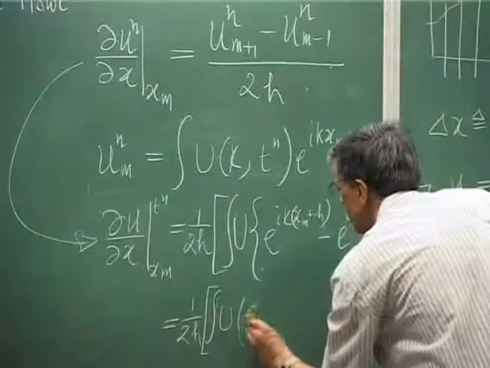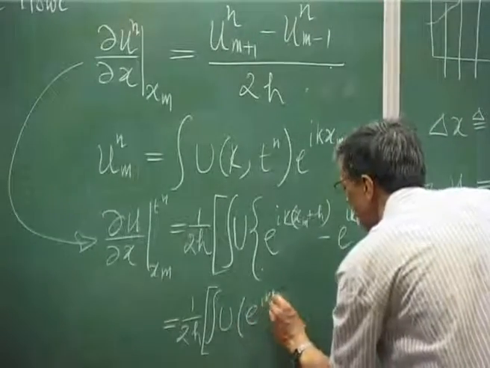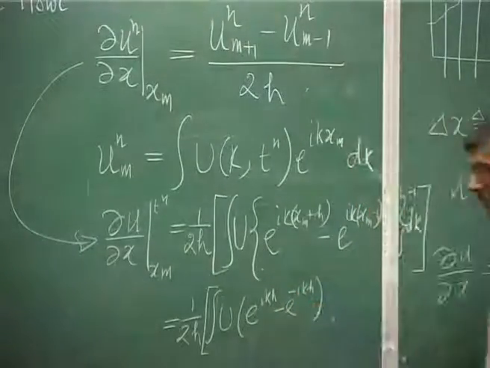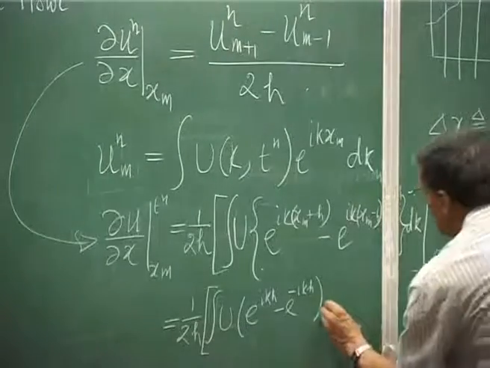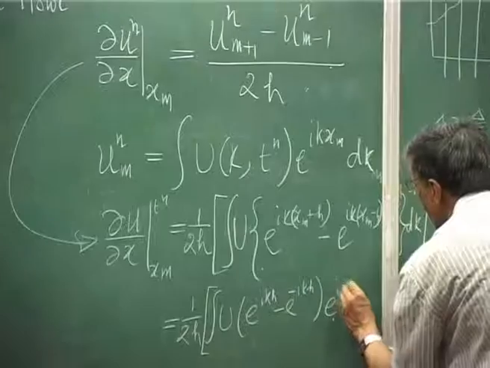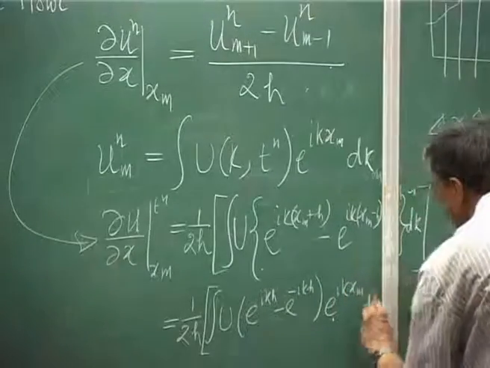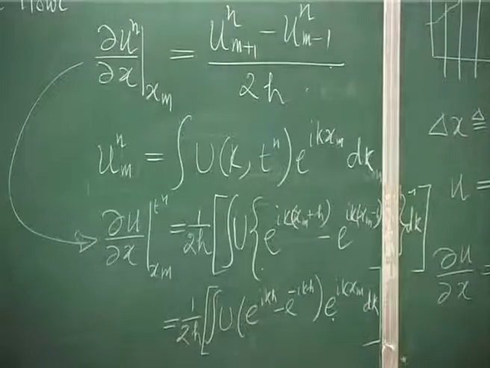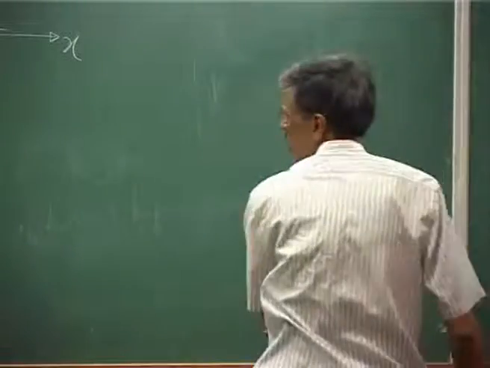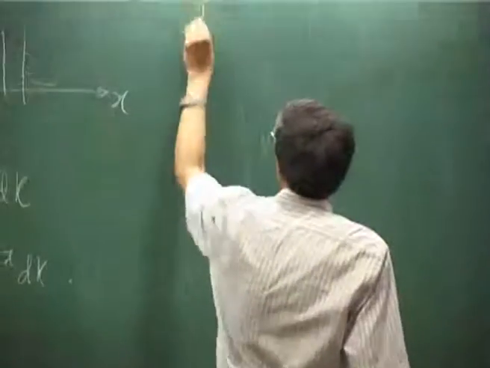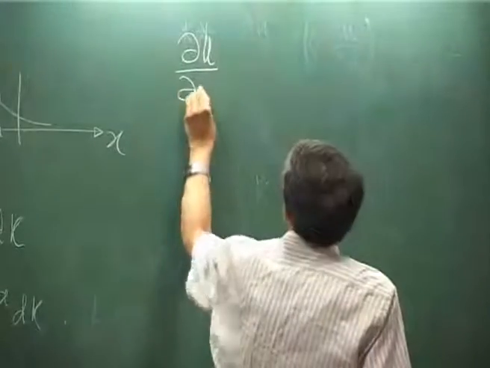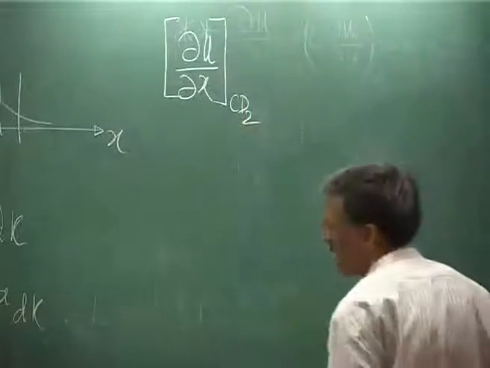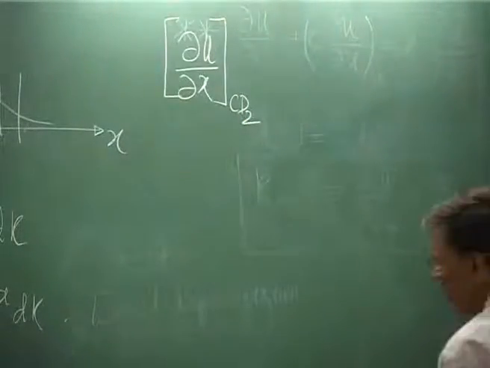So, I have e to the power i k h minus e to the power minus i k h, and then I have e to the power i k x m dk. So, what we are getting then, I will write this, because we have taken a second order central scheme, I will get that. What is this?